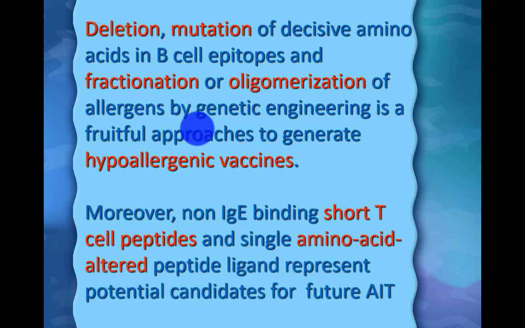Deletion and mutation of decisive amino acids in B cell epitopes, and fractionation and oligomerization of allergens by genetic engineering, is a fruitful approach to generate hypoallergenic vaccines. Moreover, non-IgE binding short T cell peptides and single amino acid altered peptide ligands present potential candidates for future AIT.